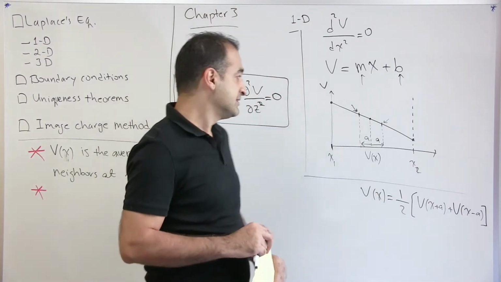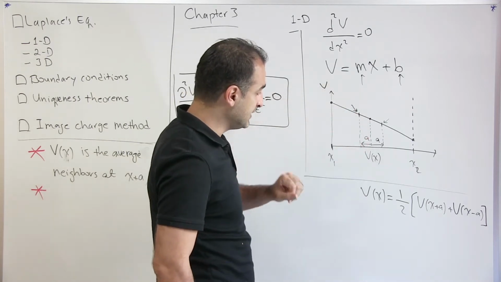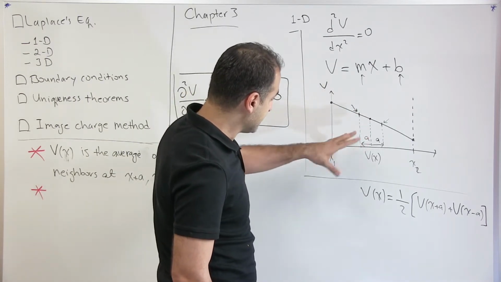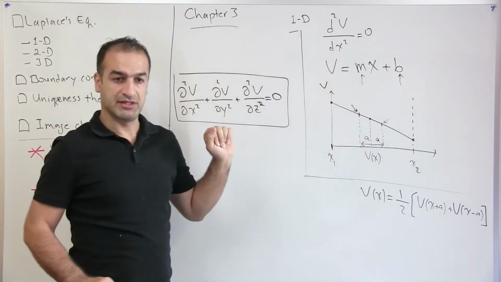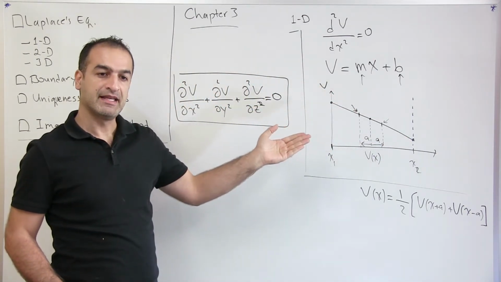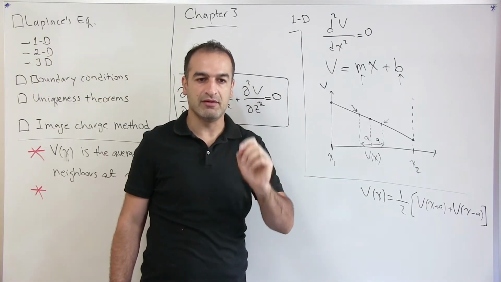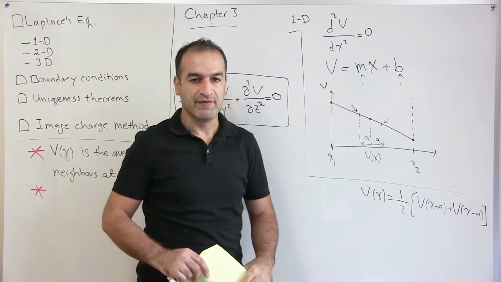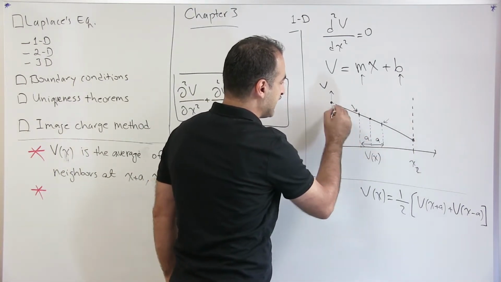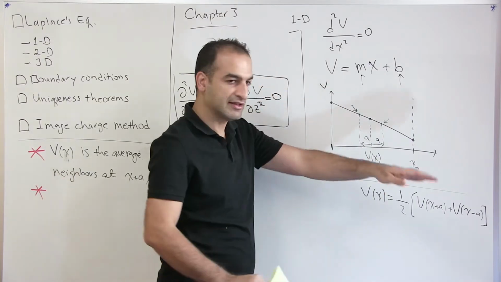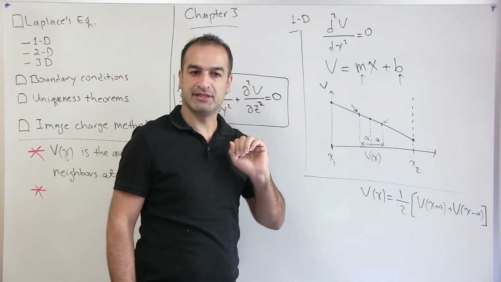Okay, and there's a second characteristic which is in fact the direct conclusion of this, that directly comes from this, is that the solution of the Laplace's equation, as you see in one dimension, does not have any local minimum or local maximum. If you have this solution, the minimum is here and the maximum is here. And of course, it's a straight line, so the min and max within this range are at the boundary condition.